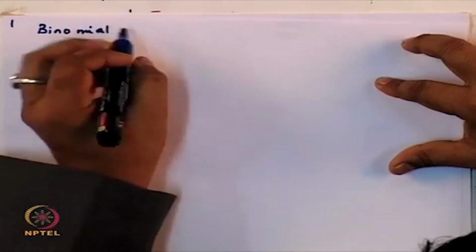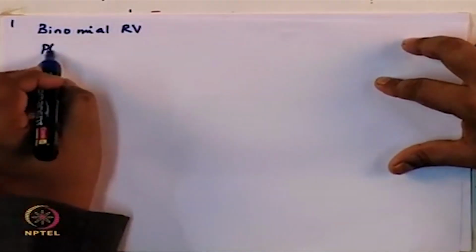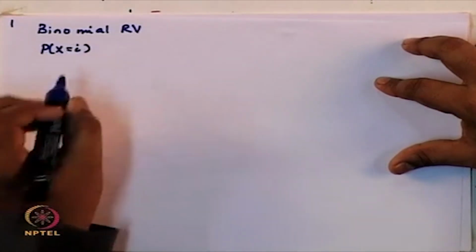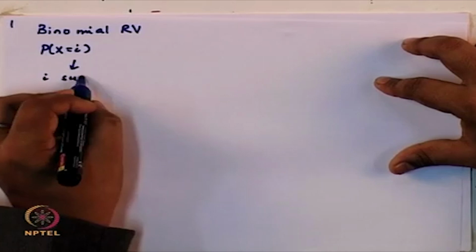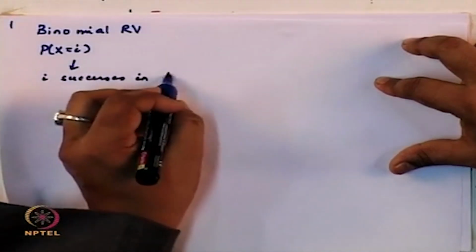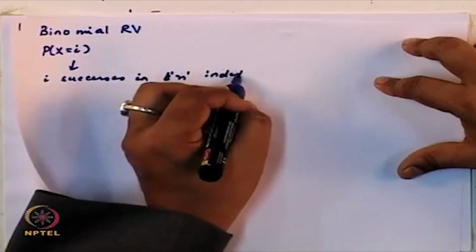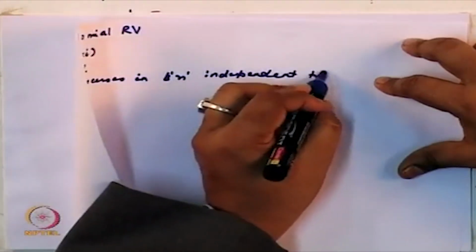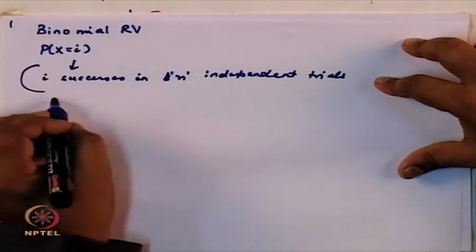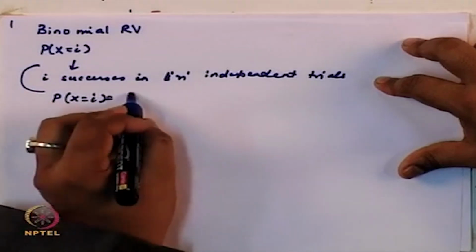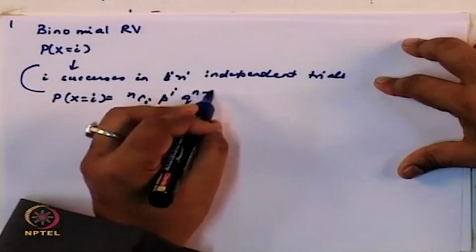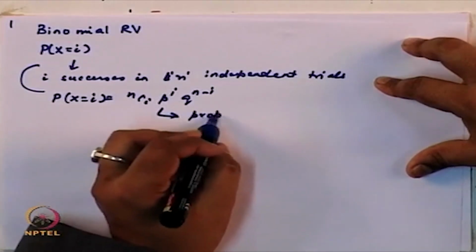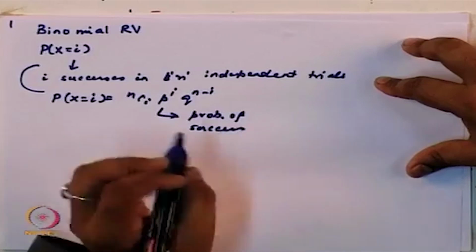So, in the last lecture we had discussed binomial random variables, right. In case of a binomial random variable, the probability of x equal to i, that is i successes in n independent trials, is defined as p of x equal to i is equal to nCi p to the power i q to the power n minus i, where p is the probability of success and q is the probability of failure.